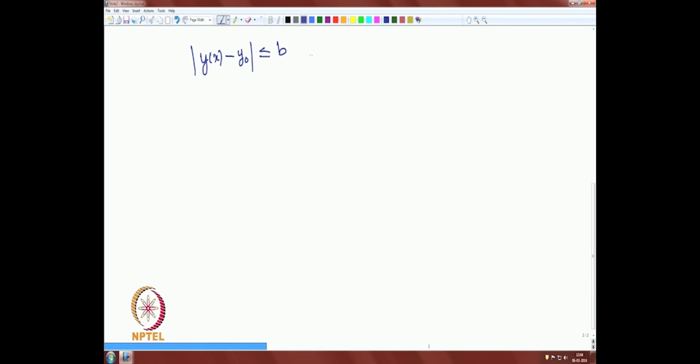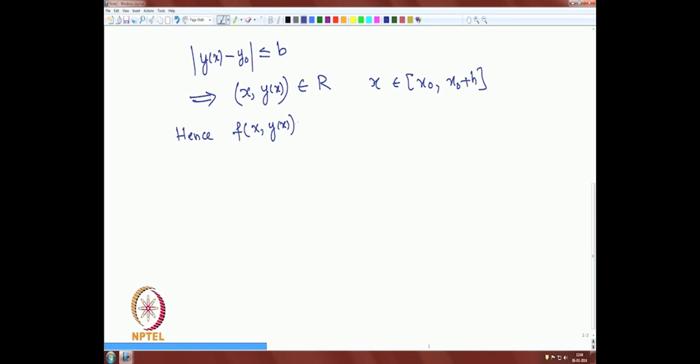Therefore, this implies that y of x is a point inside R for x in the interval x0 plus h. Hence f of x, y of x is defined.